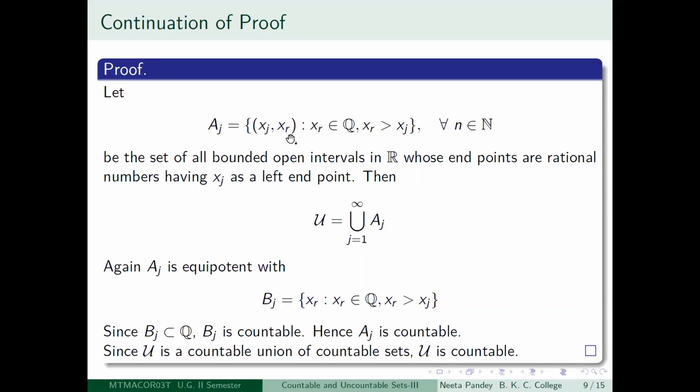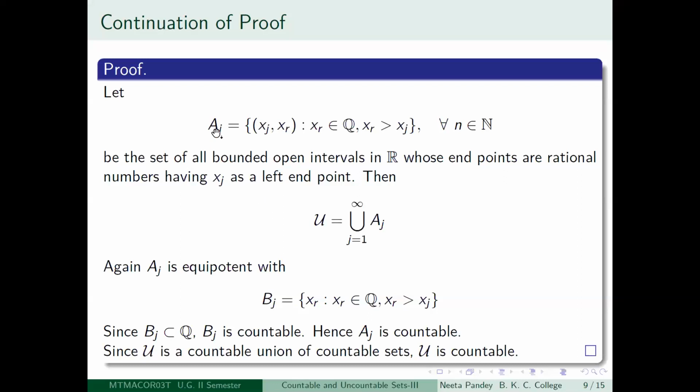The right endpoint has to be some xr, because I have chosen an enumeration, and xr naturally has to be greater than xj. So Aj is the collection of all bounded open intervals in R whose endpoints are rational numbers, and whose left endpoint is fixed to be xj. Okay.